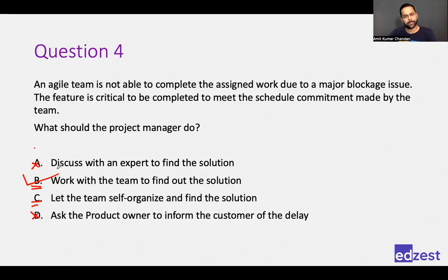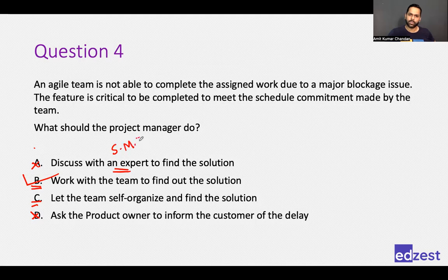My major consideration here is, if option A was saying discuss with a subject matter expert... usually in practical scenarios, the team couldn't figure out the solution, and the project manager is also non-technical in most areas. For example, I couldn't understand how Azure AI service would work.